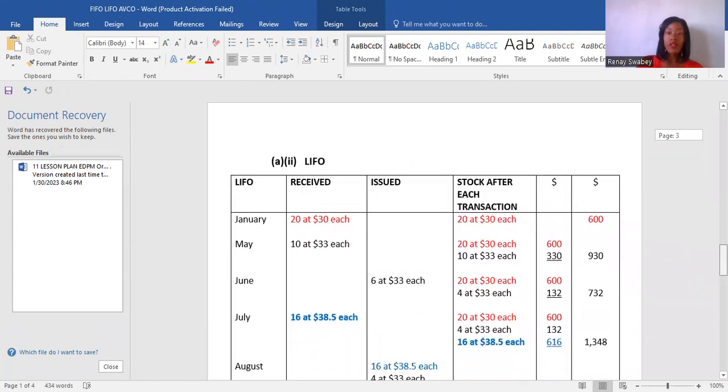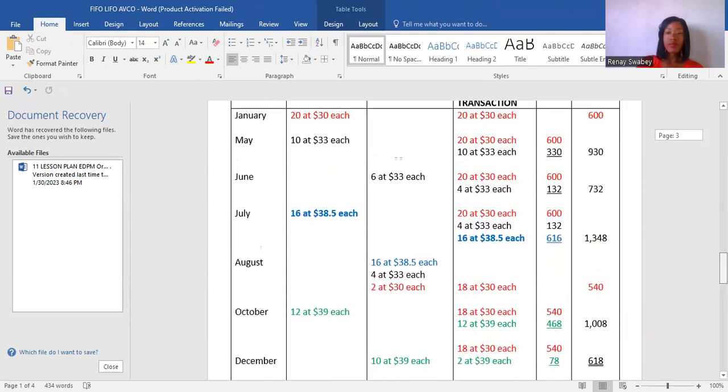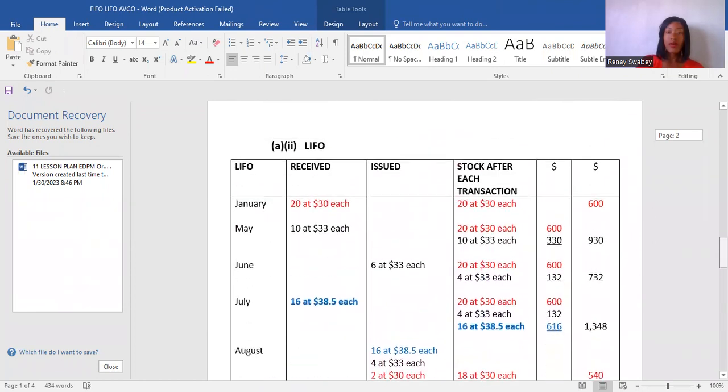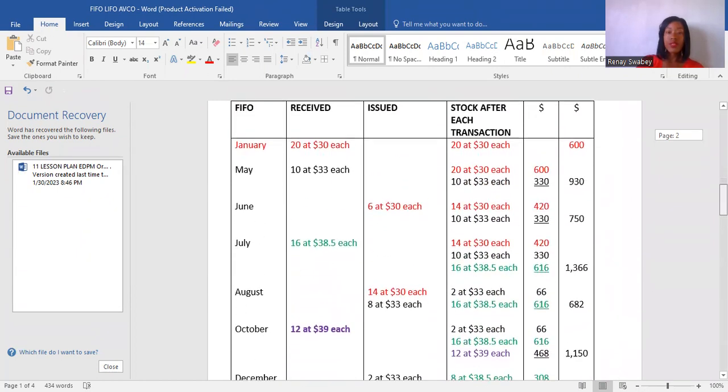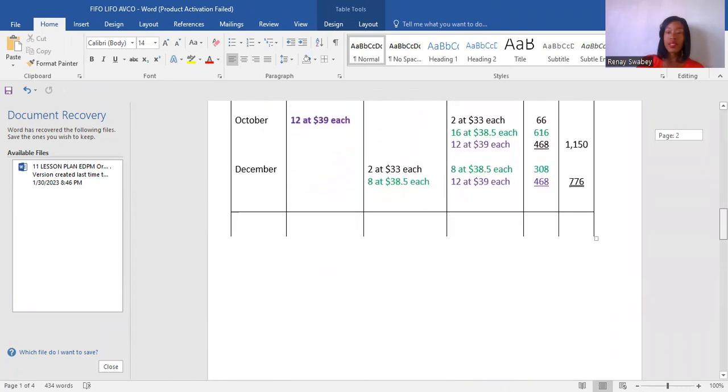But before that, I want to give you, whoops, I'm going too fast. I want to give you 2 minutes or so to process this. So you can go ahead and do your processing.